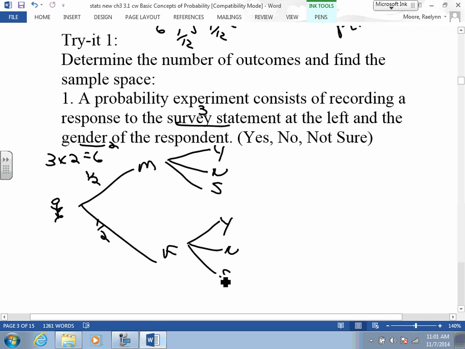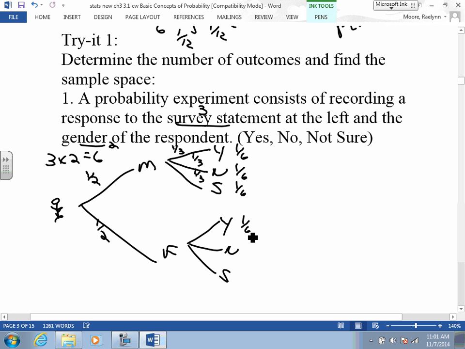What are the probabilities for the respondents? How many do I have? 3. So each one has a probability of 1/3. Good. Now, multiply them across. What is 1/3 times 1/2? 1/6. All the way down.